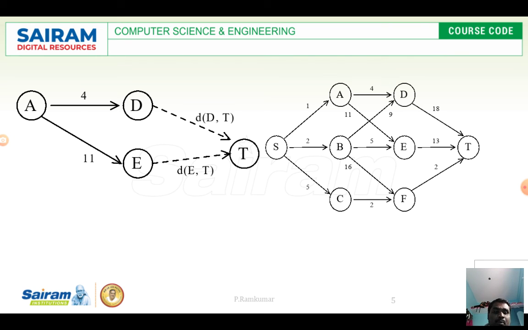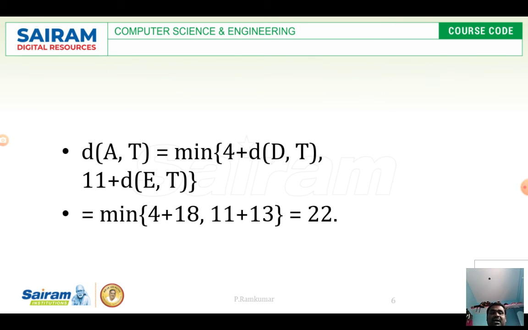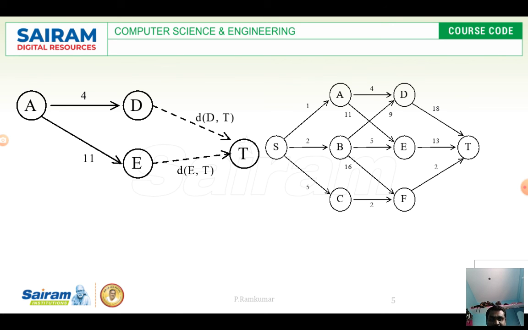One is towards D, one is towards E, another one is towards F. So the final result will be the distance of B comma T. Next, when I consider C, distance of C comma T will be 2 plus distance of F comma T.